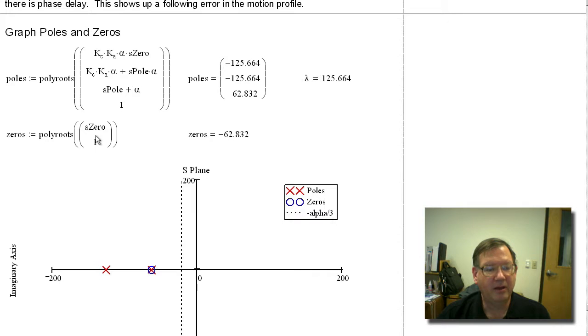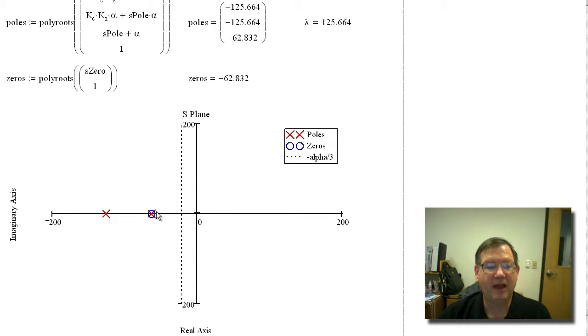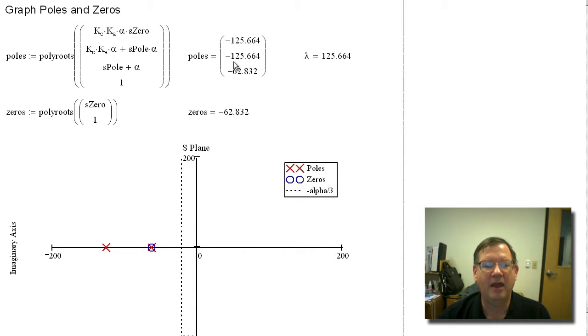But you can see that our two closed loop poles here, there's 1 zero here. So basically what's happening with this method is it's moved one of these poles from, normally I would have had 3 poles at minus 125, but this method has moved one of the poles to cover this zero, and therefore they kind of cancel out.